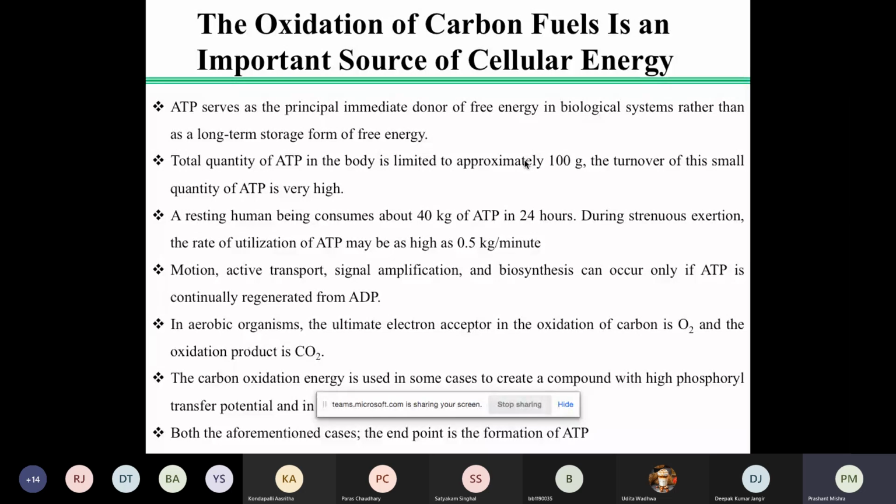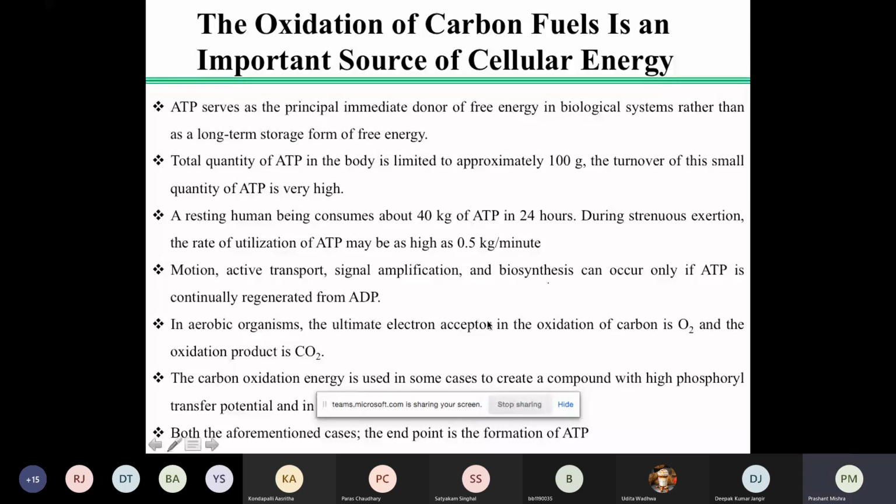Now, this phosphoryl group transfer potential is present not only with ATP, but with other molecules as well. And yesterday we talked about a couple of such molecules which have a higher phosphoryl group transfer potential than the ATP molecule. And if we have such molecules, they can transfer their phosphoryl group to ADP and can synthesize the ATP molecule.